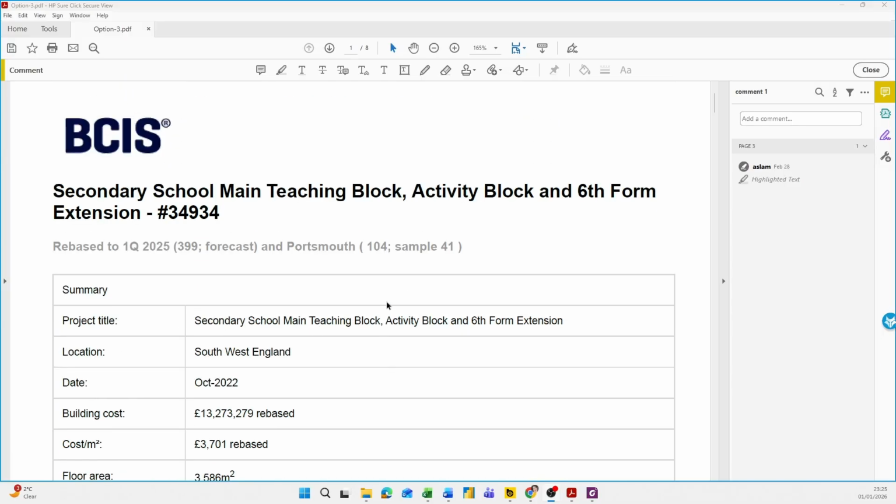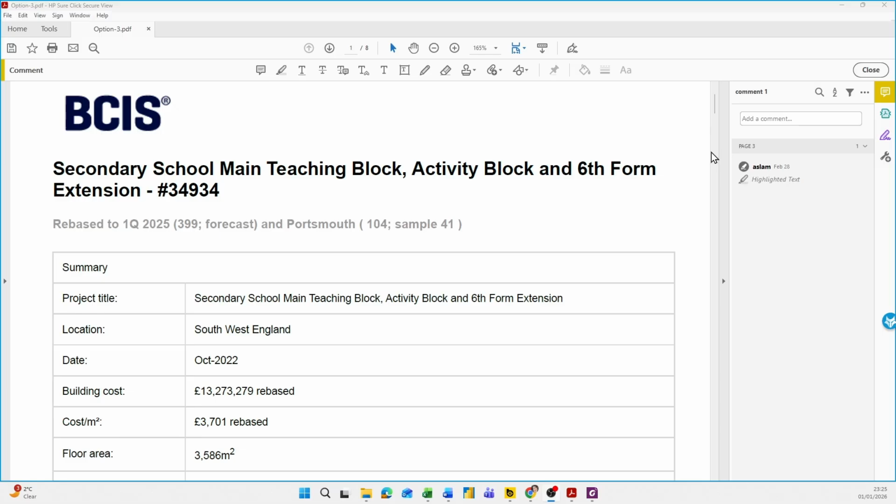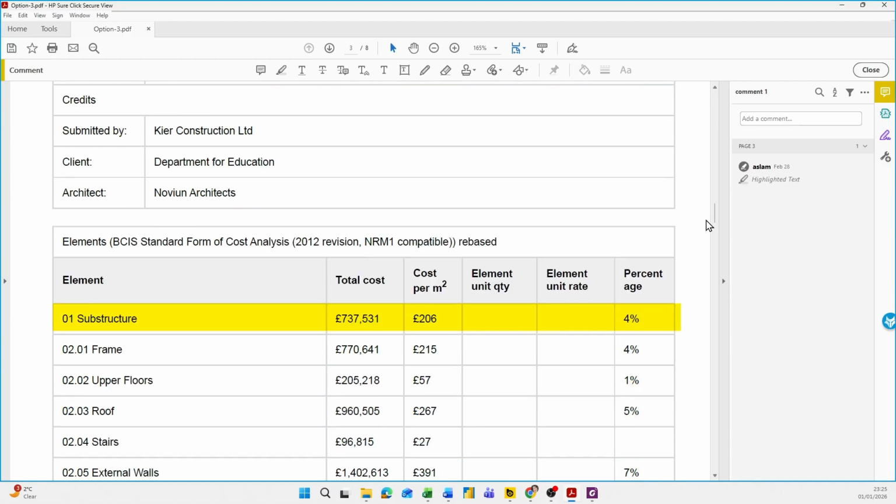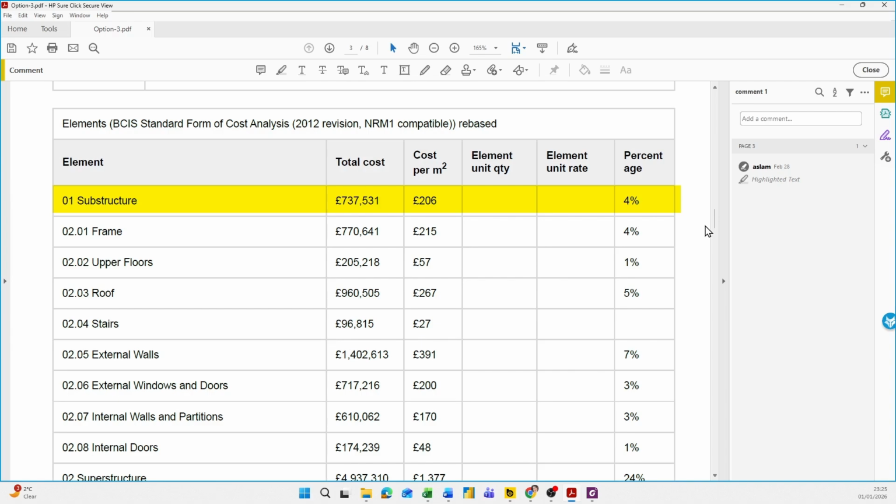This is the BCIS price book. They provide a range of prices for construction work. This is the approximate estimate price.